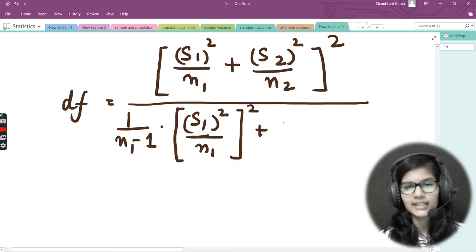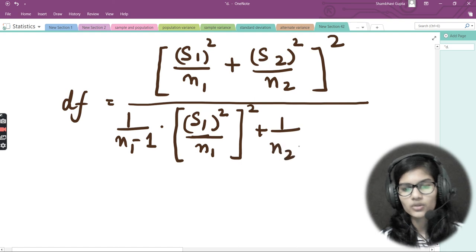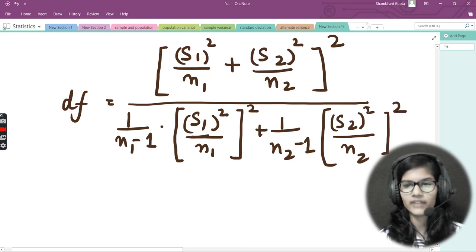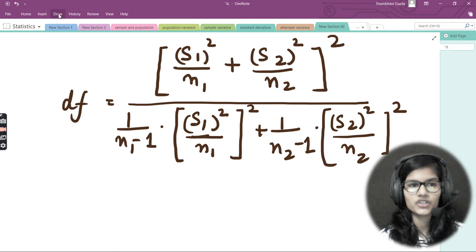Now plus 1 upon n2 minus 1, and here I am again having the same, which is now not s1, it is s2 squared upon n2, the bracket like this, and here goes the square of it. This is the whole formula for calculating the degrees of freedom, and here goes the multiplication.